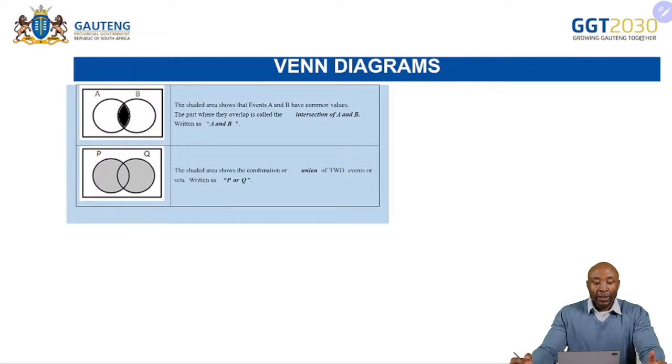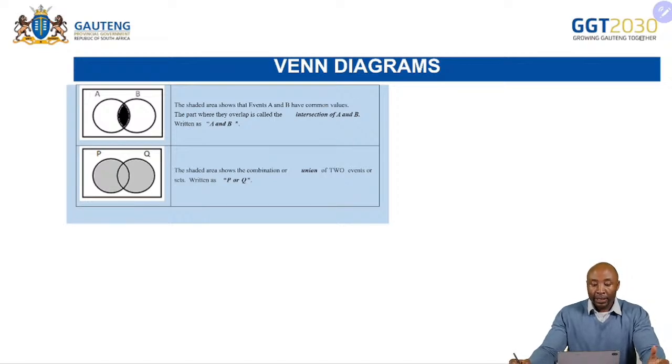Now, if you are looking at the next Venn diagram on top, you are looking at A and B, but now there's an overlap there for the two events, and we say the two events are intersecting, meaning there's something in common there.